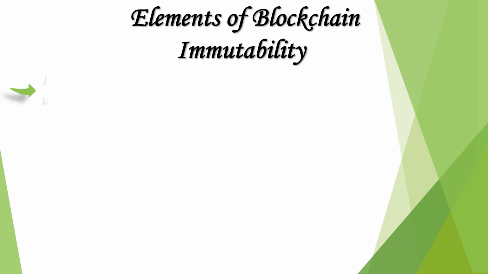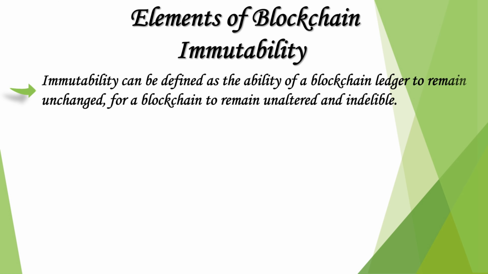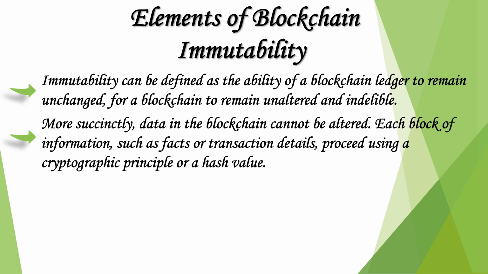Immutability. Immutability can be defined as the ability of a blockchain ledger to remain unchanged, for a blockchain to remain unaltered and indelible. More succinctly, data in the blockchain cannot be altered. Each block of information, such as facts or transaction details, is processed using a cryptographic principle or a hash value.